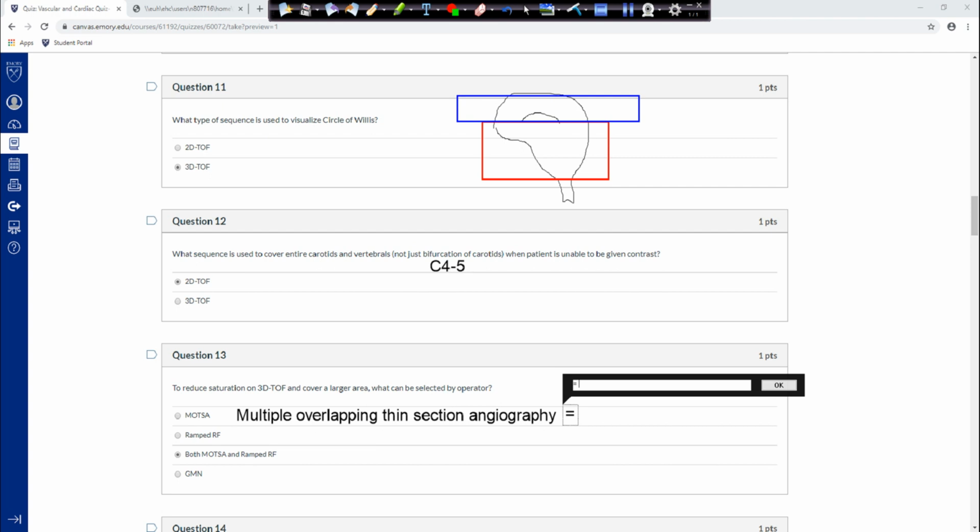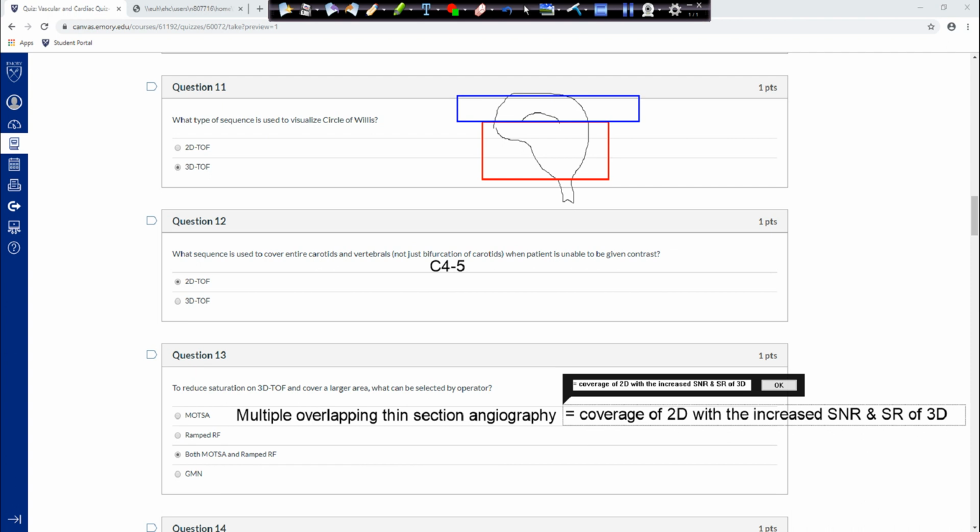This is where we get the coverage of 2D with the increased SNR and spatial resolution of 3D.